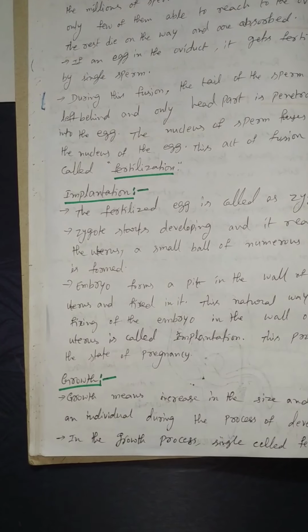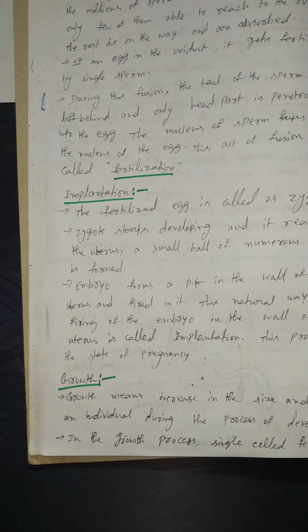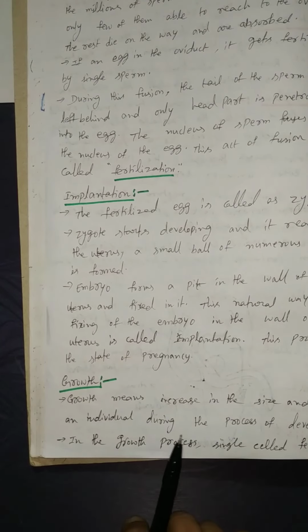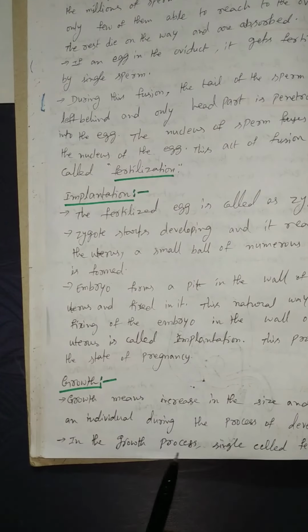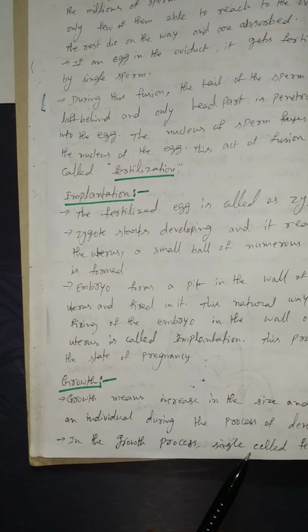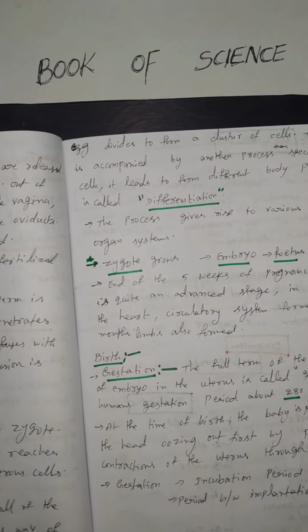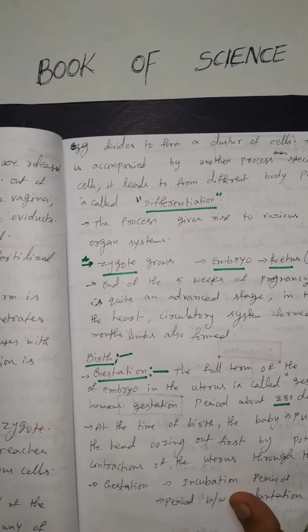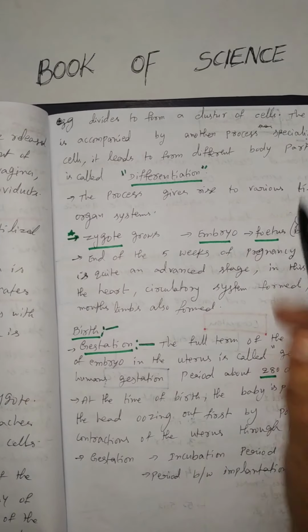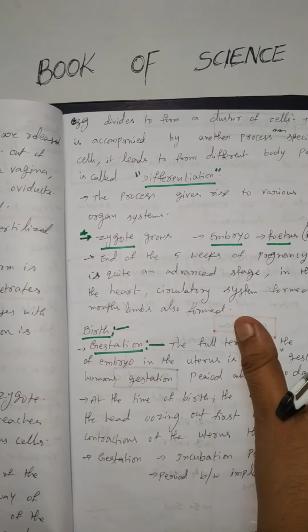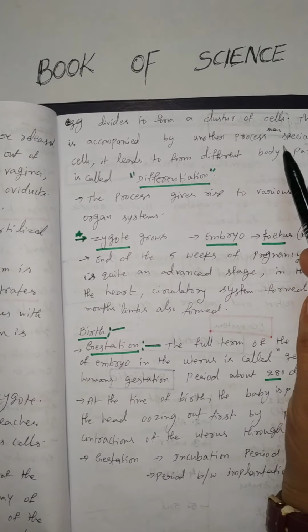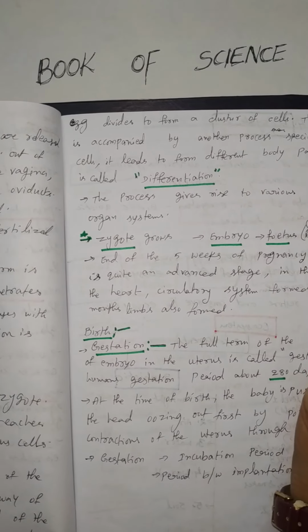Growth means increase in the size and weight of an individual during the process of development. In the growth process, the single-celled fertilized egg divides to form a cluster of cells. The division is accompanied by another process, specialization of cells.